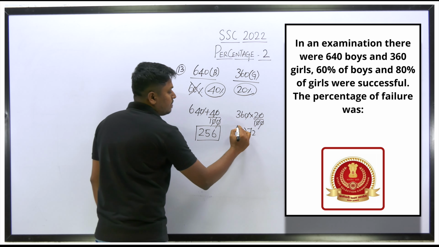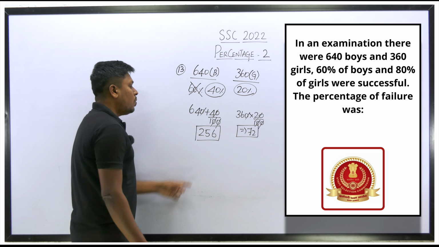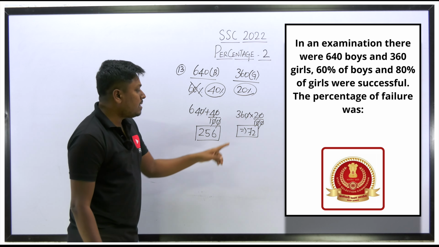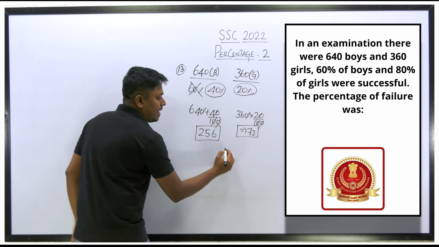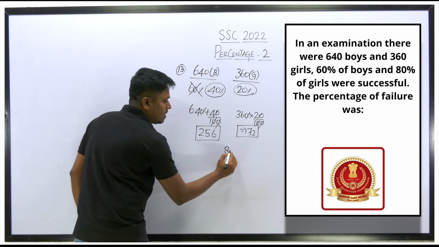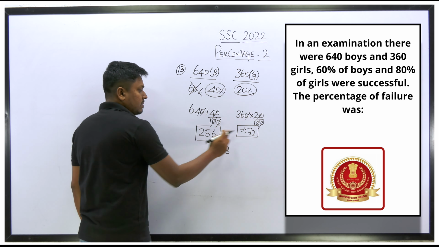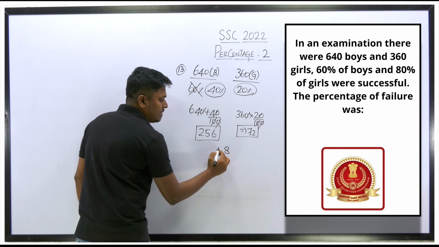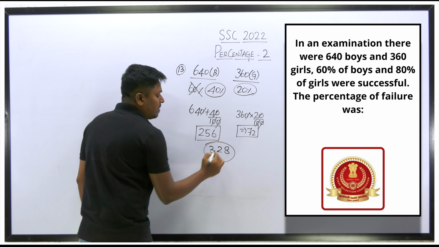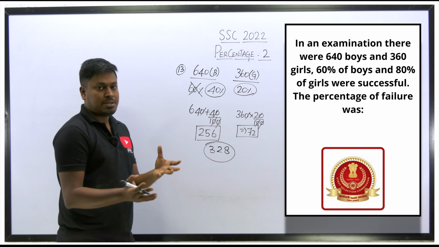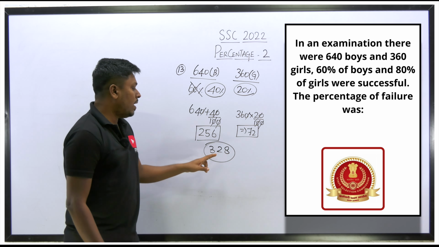So 256 will be the total number of boys who are unsuccessful. So similarly 72 will be the total number of girls who are unsuccessful. So let me add all the values. So 6 plus this will be 8. So 7 plus 5 will be 12 here. So remaining will be 328. So 328 will be the total number of students, which includes boys and girls both, who are unsuccessful.